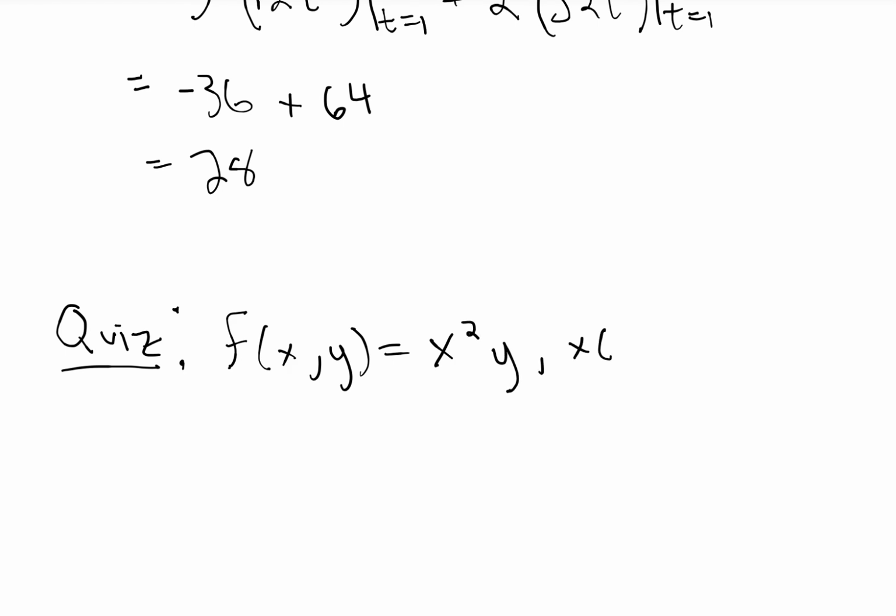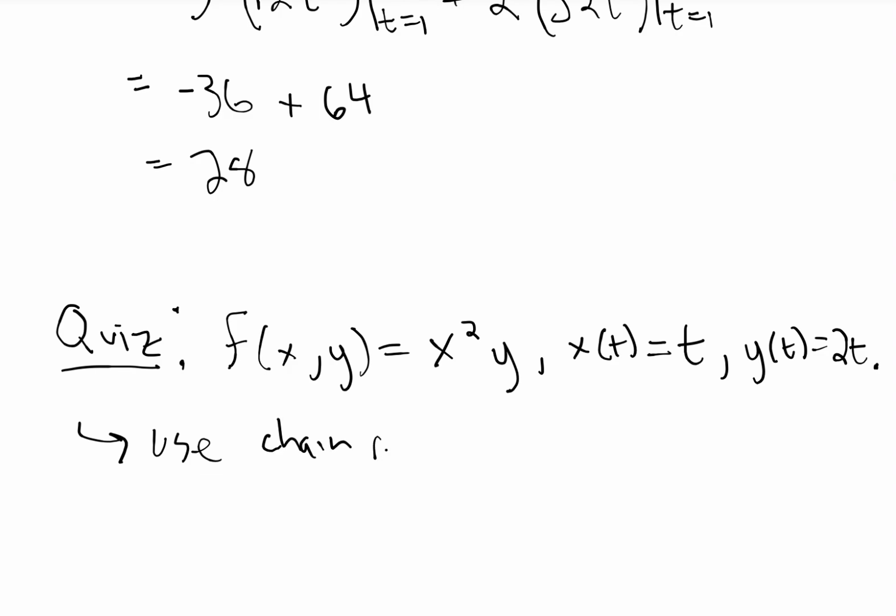I'll let x of t just be t, and I'll let y of t be 2t. I'll ask you guys to use my chain rule to find my derivative df dt, just to show me that you can apply the formula in a really basic way.